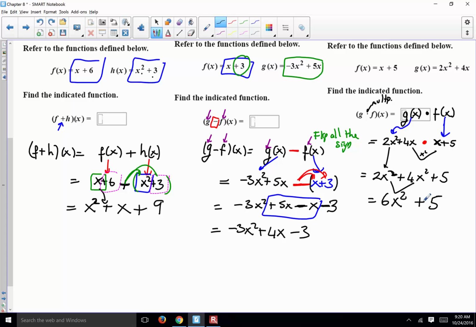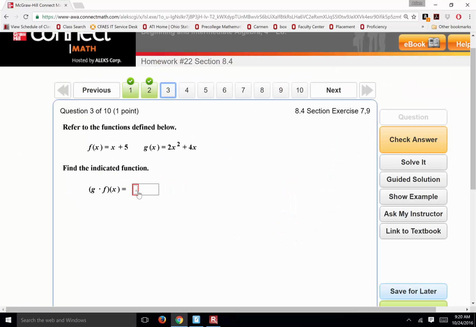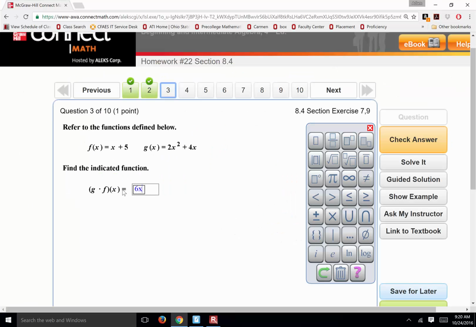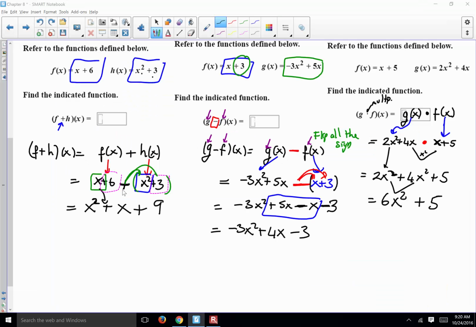You guys agree? This is wrong, false. Even Connect Math will say it's wrong. I wonder where my mistake is. Where did I mess up?